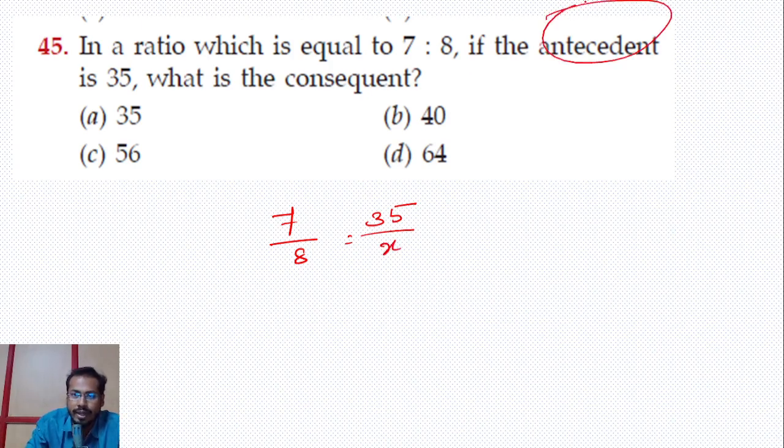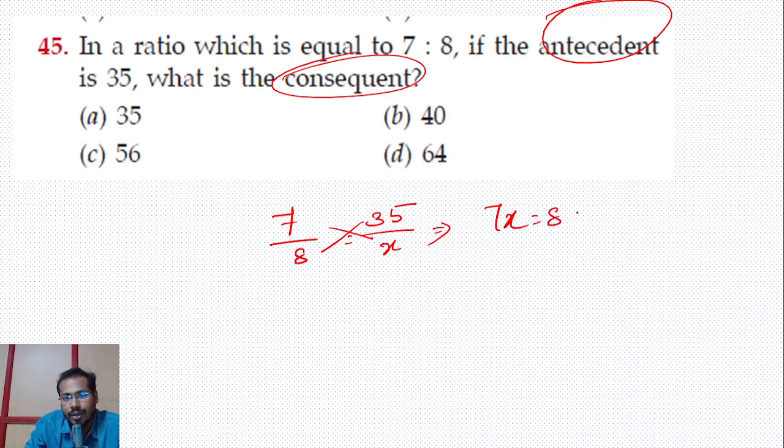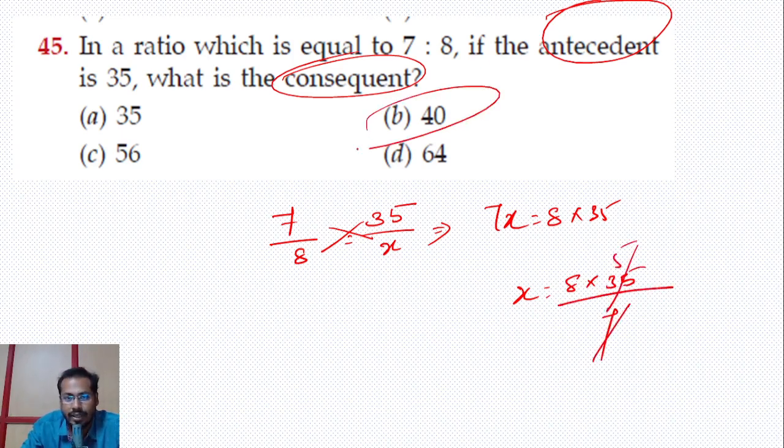So this is numerator, and this is denominator. Remember this always. So just cross multiply, guys. You will get the answer. 7x is equal to 8 times 35. x is equal to 8 times 35 over 7. 7 into 5, 8 into 5, 40. That's the answer. Clear? Next question.